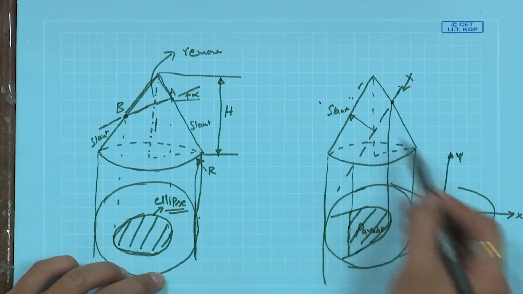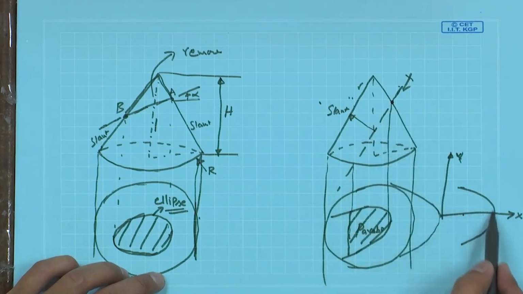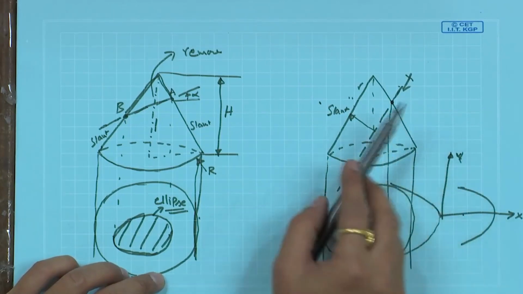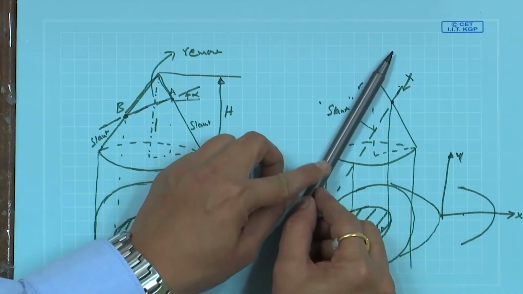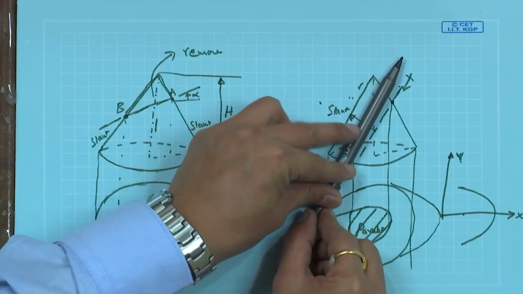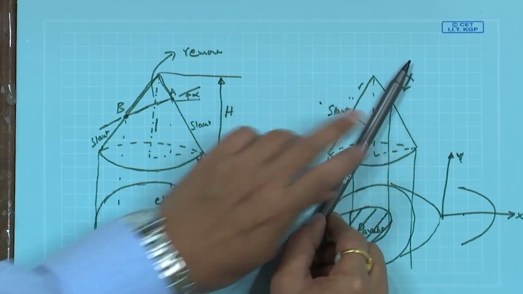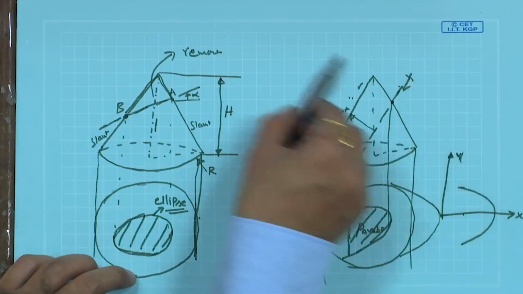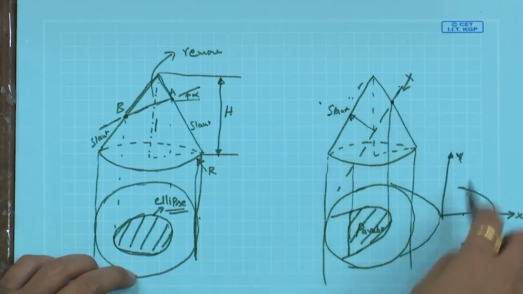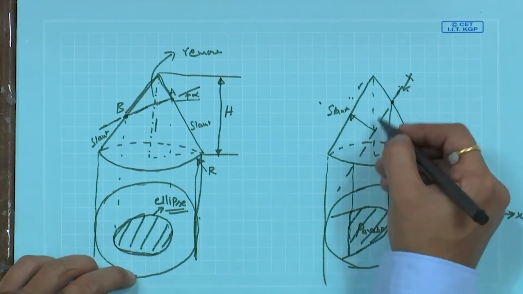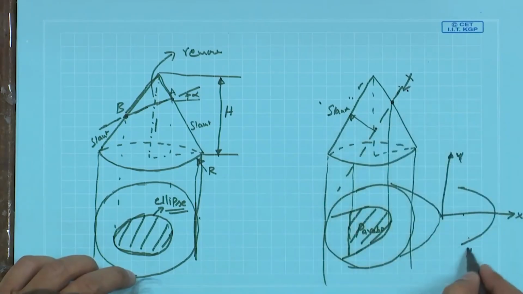If the origin is somewhere located, then we will see the parabola in that way. The first point we have to remember is, from the slant, if we go in a parallel direction, make a cut section, remove the top portion, the leftover portion on the coordinate axes of x and y, we see as a parabola.